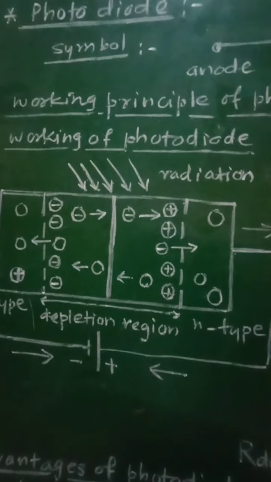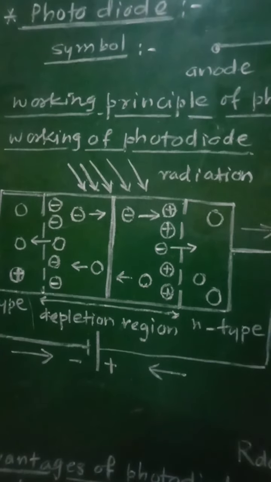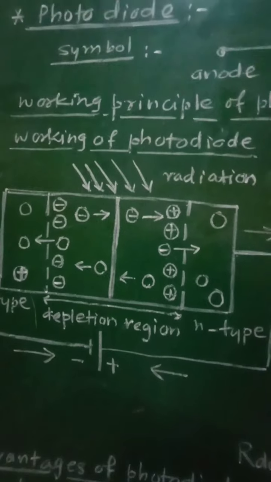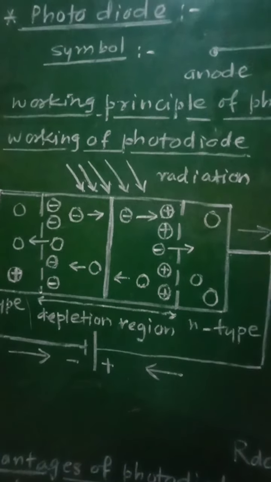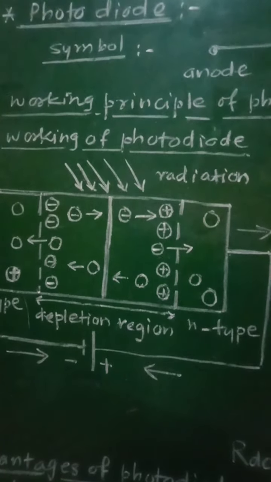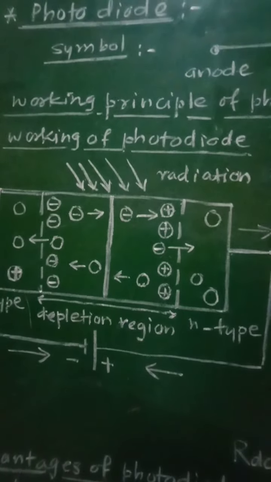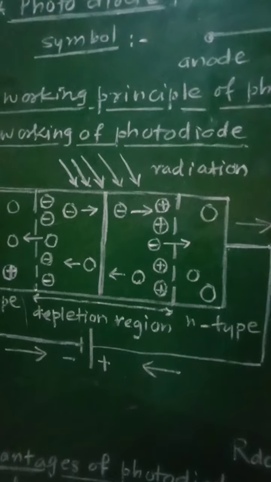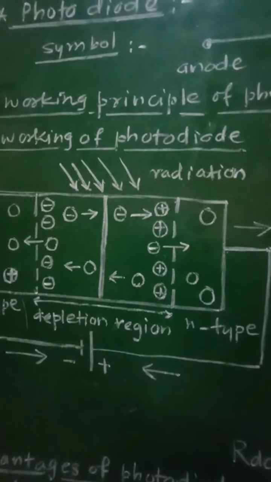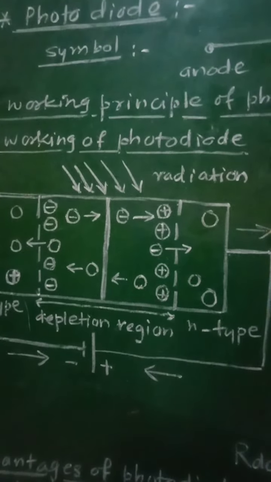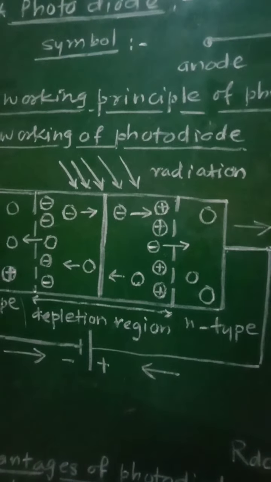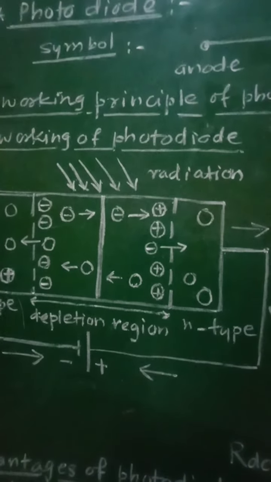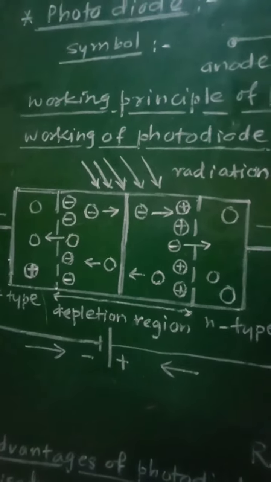This current is called the dark current in the photodiode because it can flow even when the photodiode is not illuminated. So though the light is not incident on the photodiode, a very small current flows through it. That current is called the dark current.